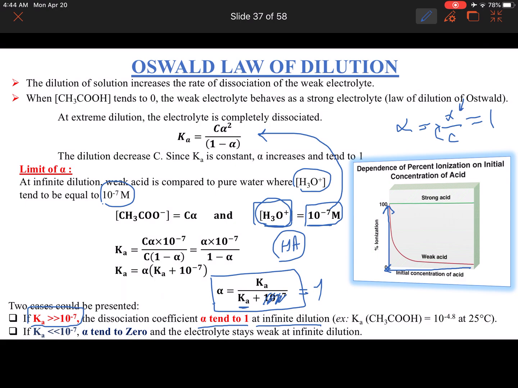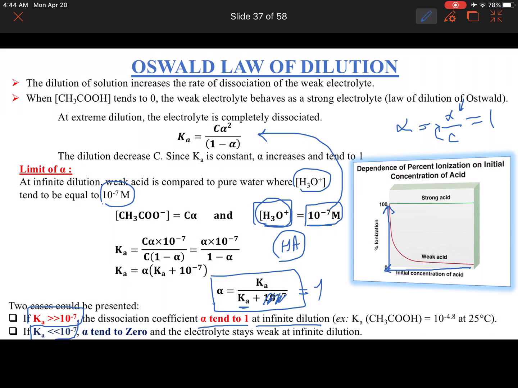And if Ka is very small for the acid, less than 10 to the minus 7, even if I throw that acid in the beach or in the sea, you know what? It's not going to dissociate.